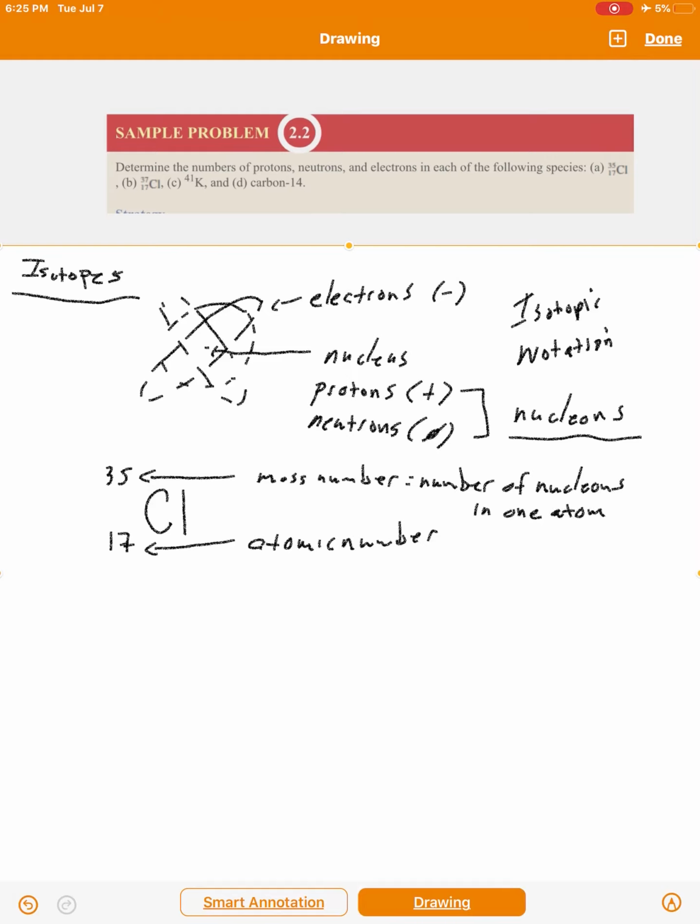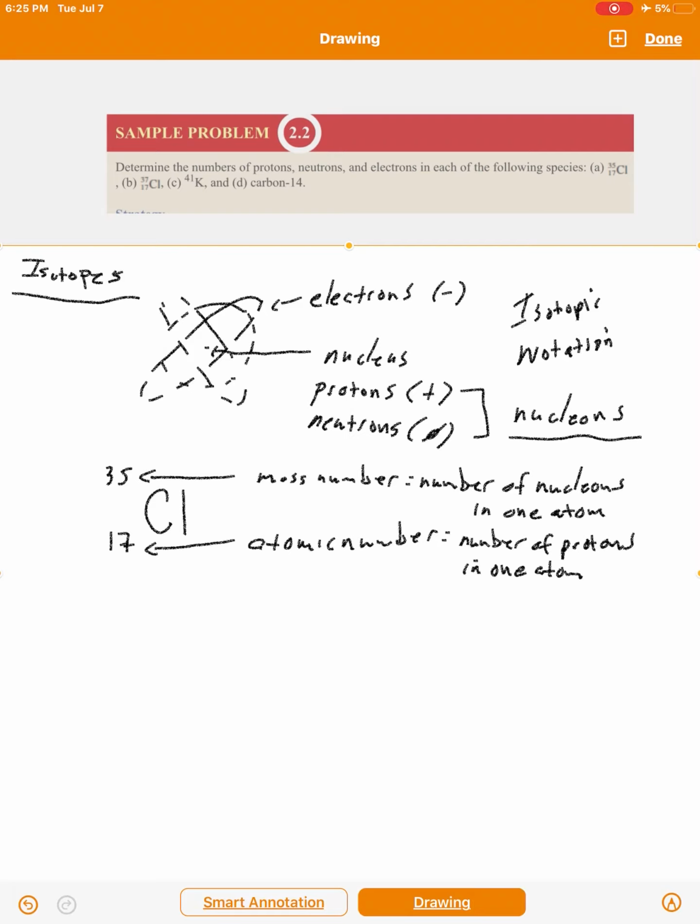One atom of this isotope. Okay? So the bottom number, the atomic number, is the number of protons in one atom. Very simple. We're just counting protons and neutrons and indicating them there.